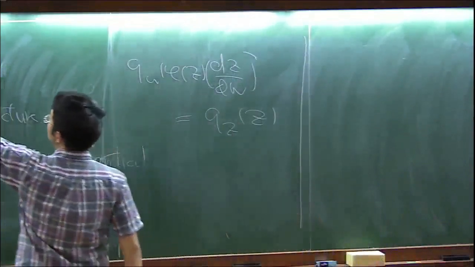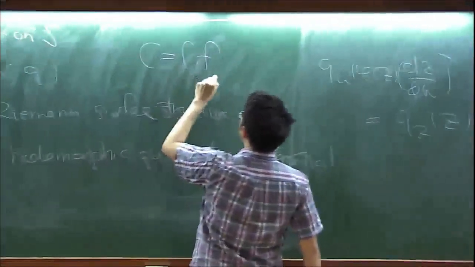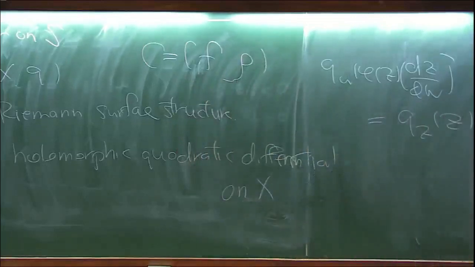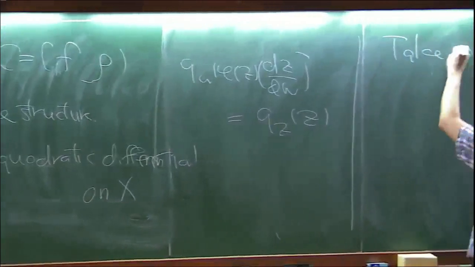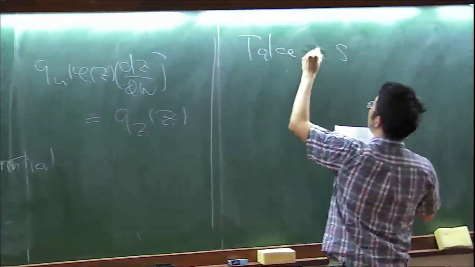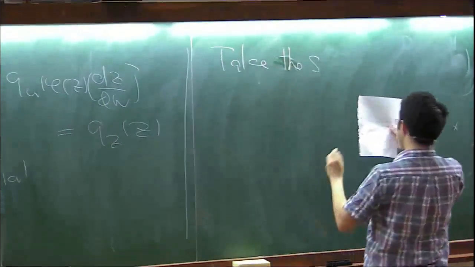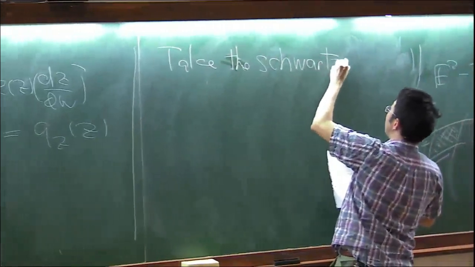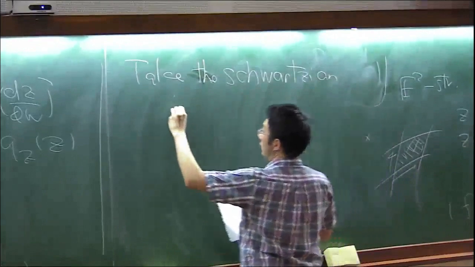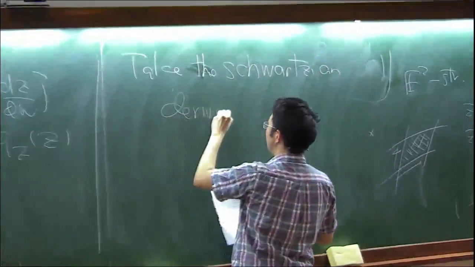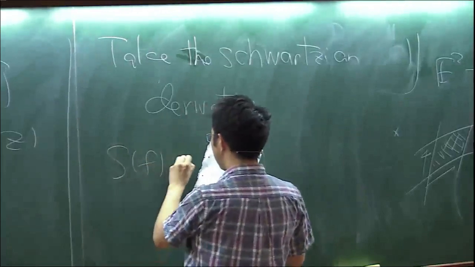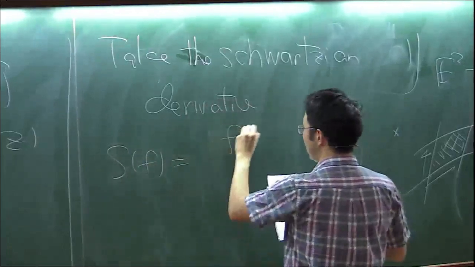So this CP1 structure is a pair of the developing map and holonomy representation. You can take the Schwarzian derivative of the developing map given by the following formula.